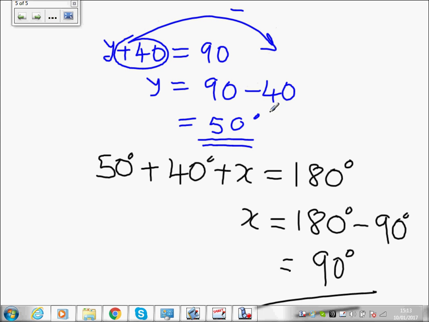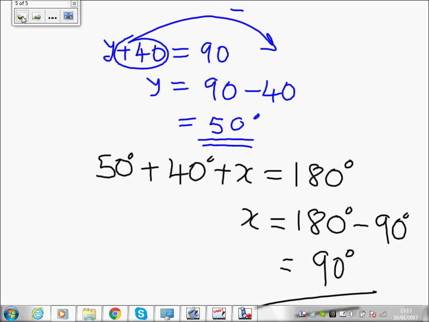In short, for those who still struggle, you can use this rule: once it moves over there, it becomes minus. That's why it is there. So what is there now? The answer is a good 50. So y is 50 degrees. You solve it by utilizing the properties of shapes. Y is 50 degrees.